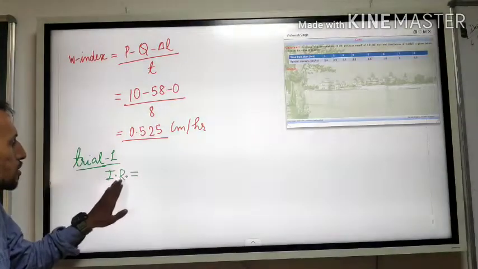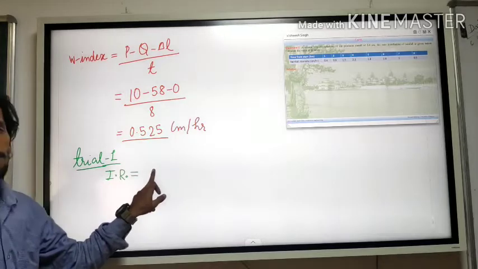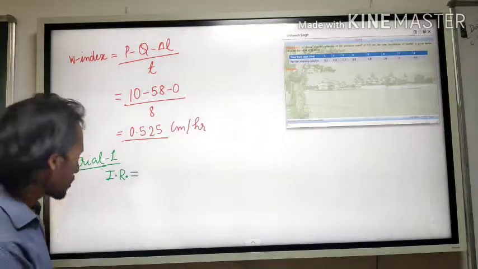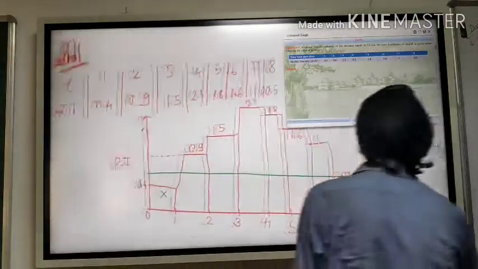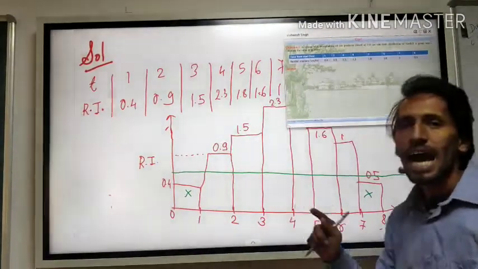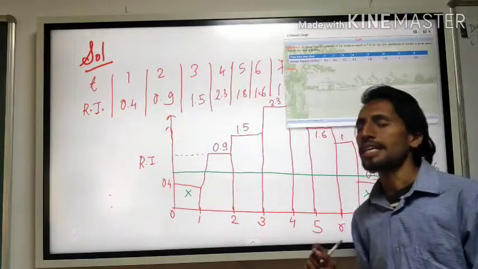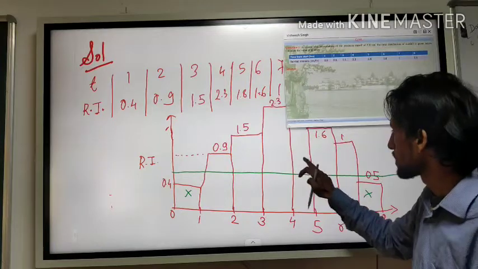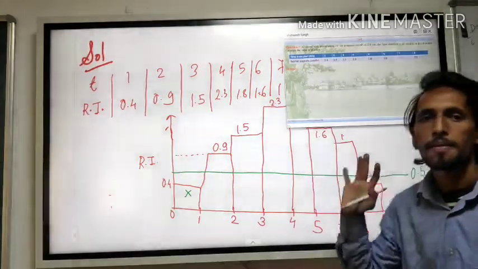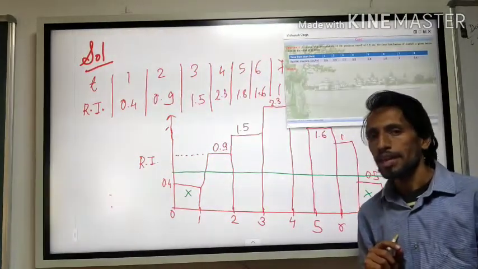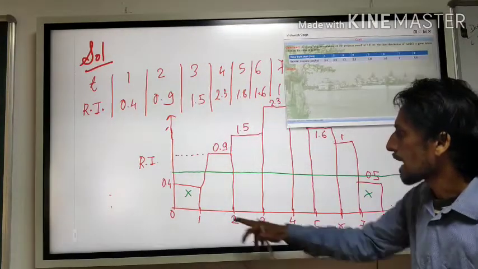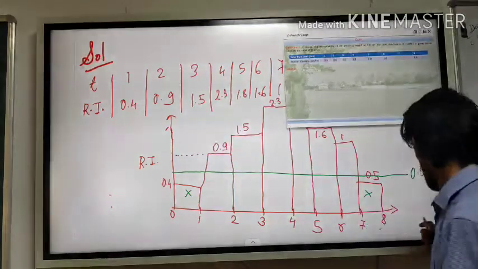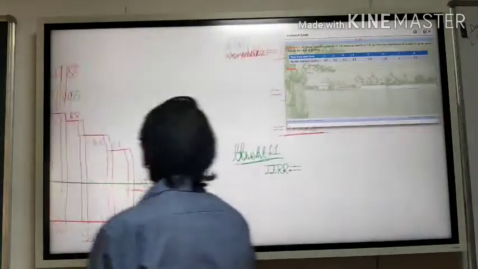Now to calculate this, you have to calculate the areas. But which areas? The areas which are generating runoff. So what are the areas? This area, this area, this area, this area, this area, and this area. So you have to remove the first value and the last value.